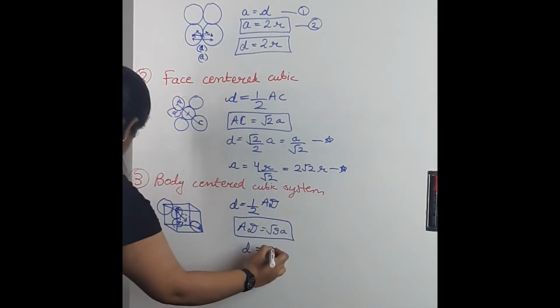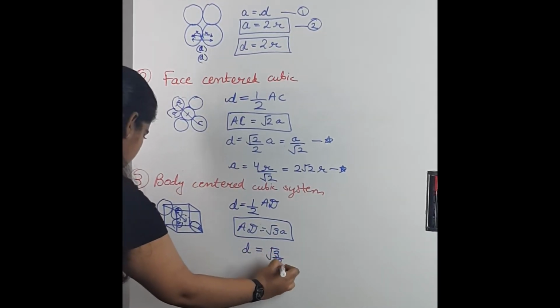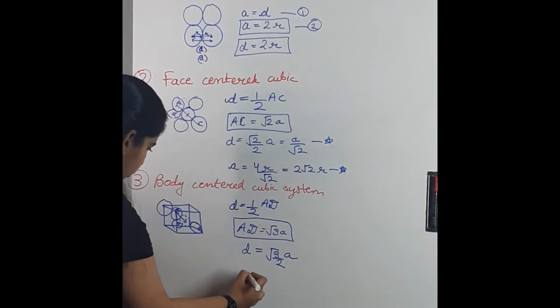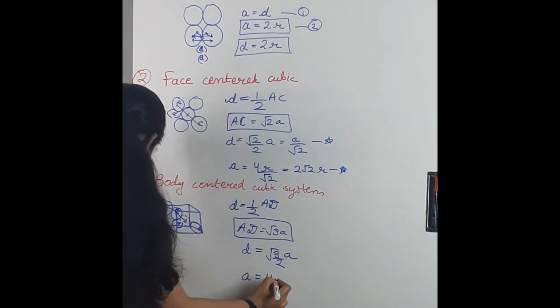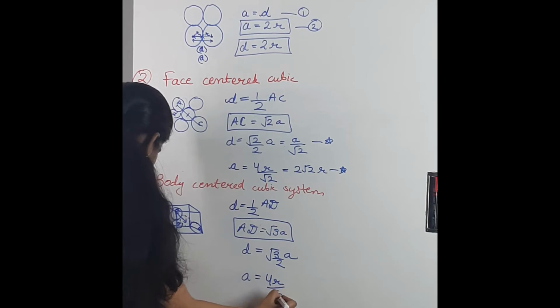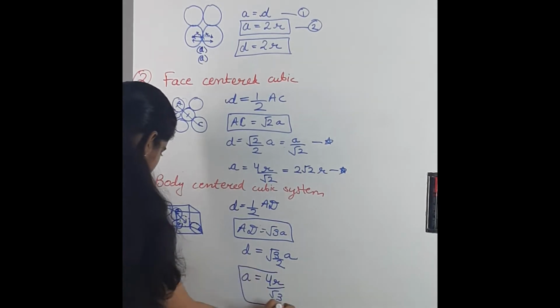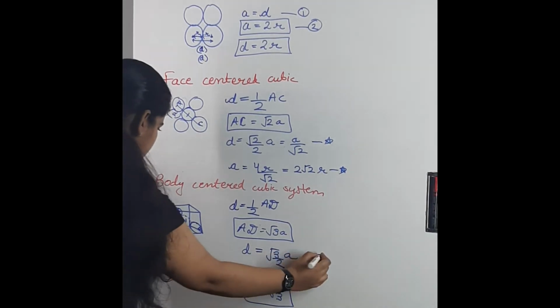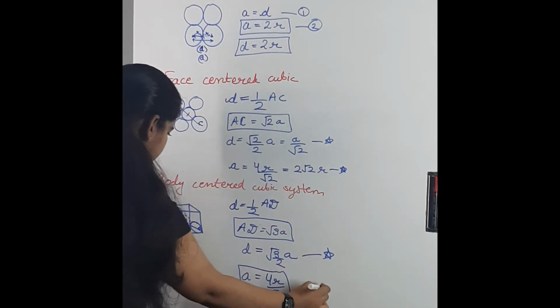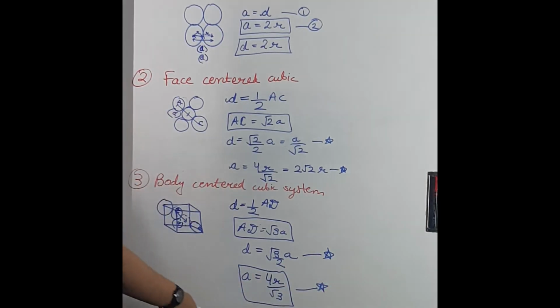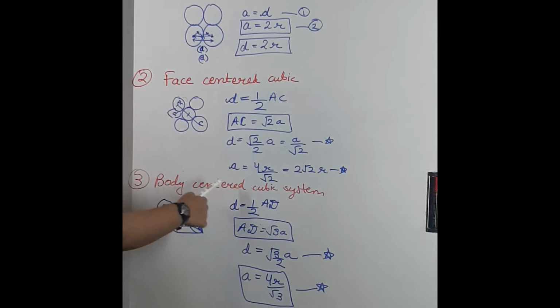So the value of d will be root 3 upon 2 a, and also a is equal to 4r upon root 3. This also we have done in our previous class. So these are the relations between a, d and r in case of body centered cubic system.